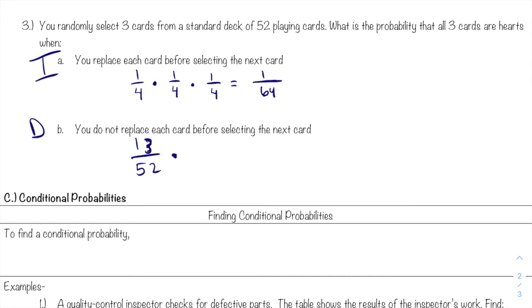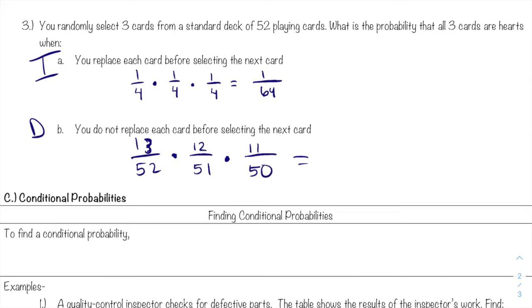But I'm not going to put that heart back. So when I go to choose a heart again, there's 1 less heart, but also 1 less card. And then when I go to choose the heart again, there's 1 less heart again, and 1 less card again.